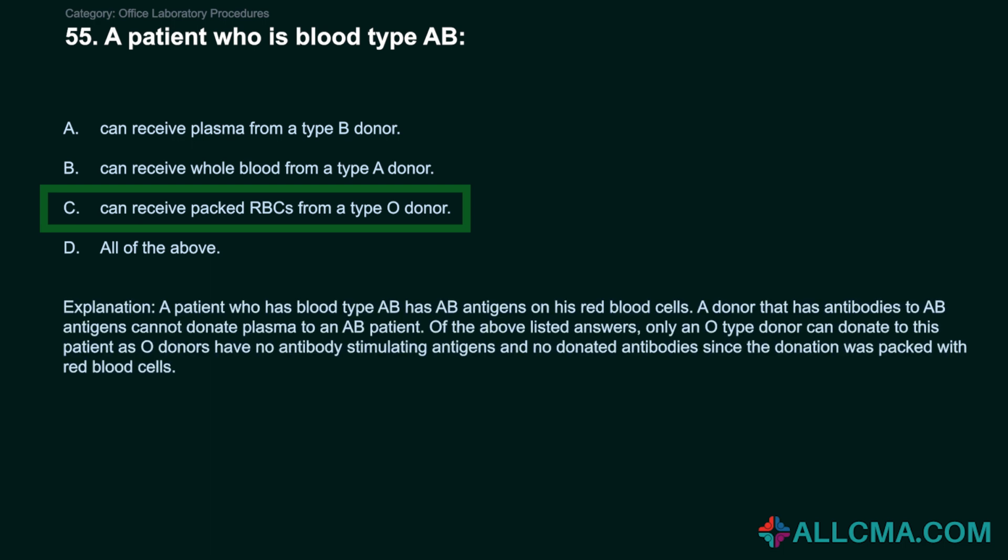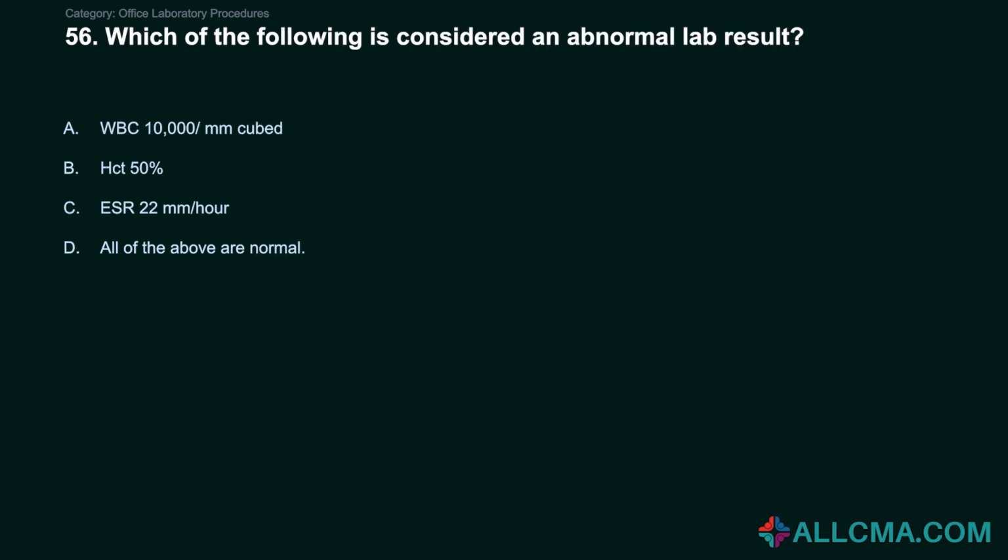A patient who has blood type AB has AB antigens on his red blood cells. A donor that has antibodies to AB antigens cannot donate plasma to an AB patient. Of the above listed answers, only an O-type donor can donate to this patient, as O donors have no antibody-stimulating antigens and no donated antibodies since the donation was packed with red blood cells.